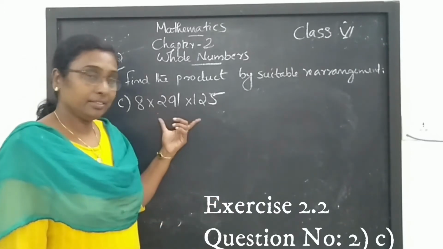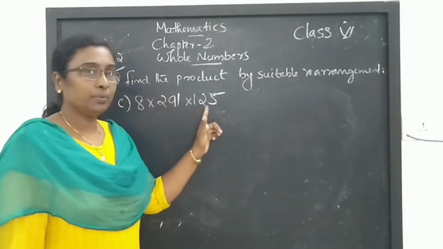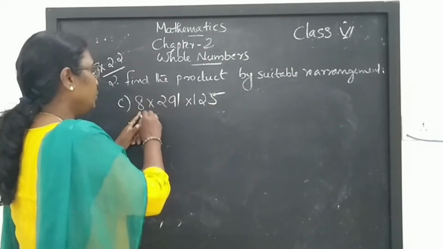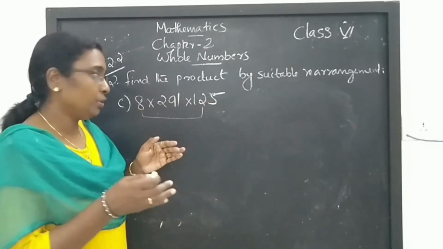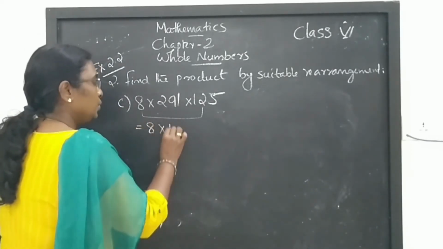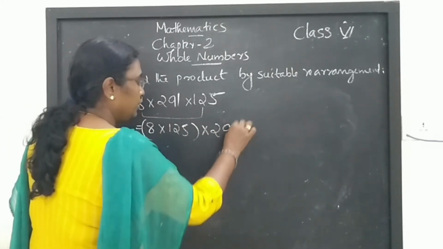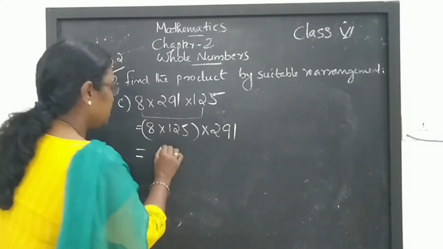In this question, the numbers are 8, 291, 125. In these numbers, if we group 8 and 125 together, we get a multiple of 10. So, we can write this as 8 into 125 into 291. 8 into 125 is 1000.